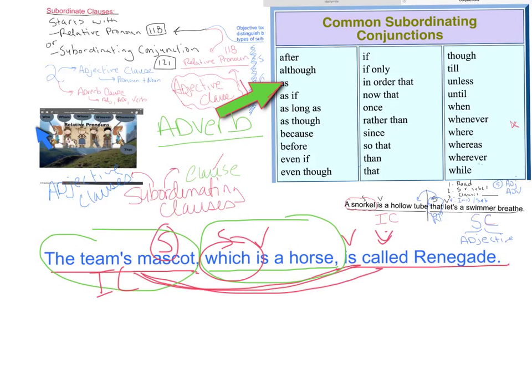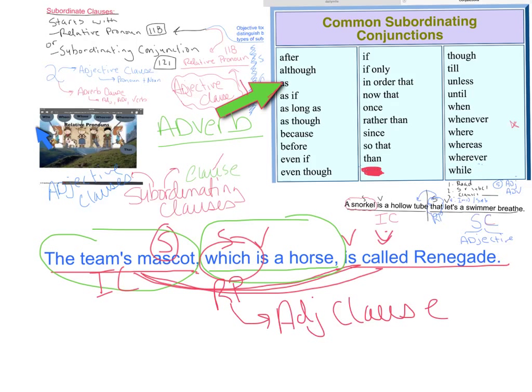I look up here, nope. Look over here, yes. So this is a relative pronoun, which means this is an adjective clause. And I made sure that this right here should not be on there. Make sure that you don't use it, that way it almost confused us last time. It should not be on that list.